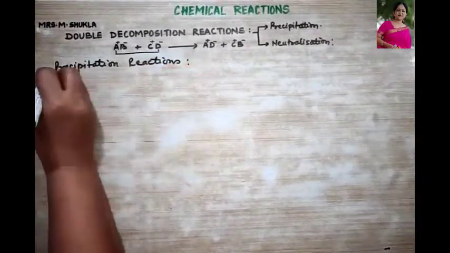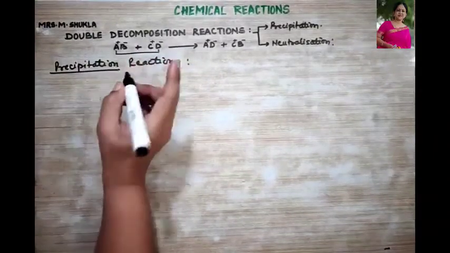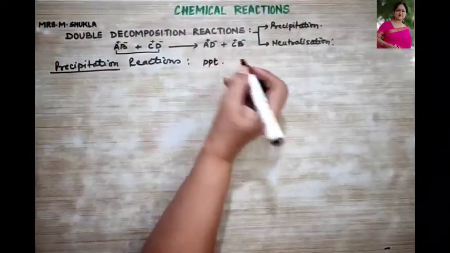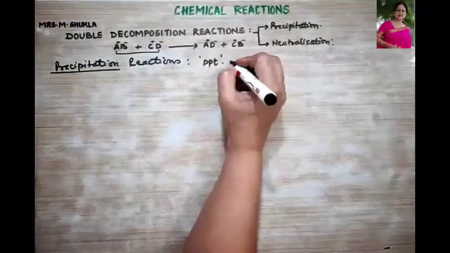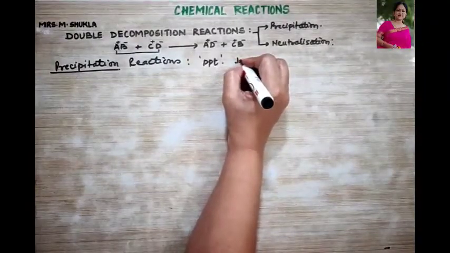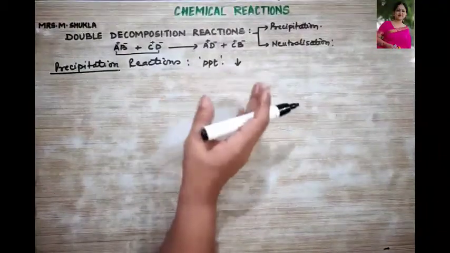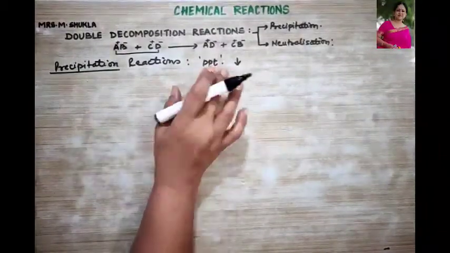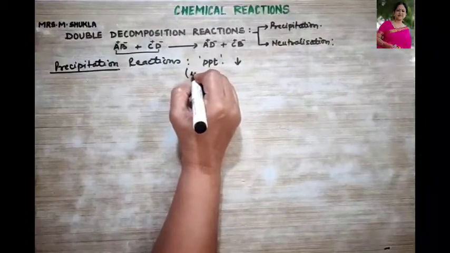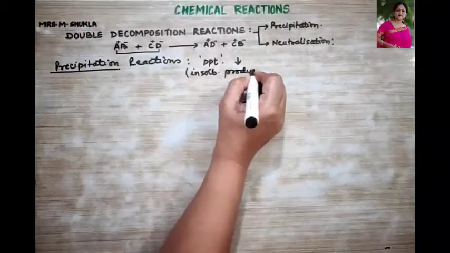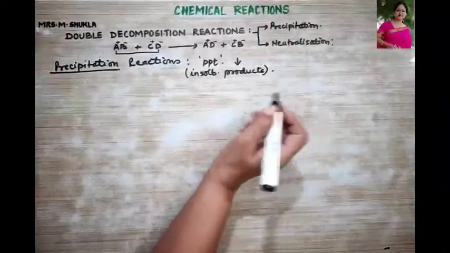Now, what are precipitates? These are insoluble products, also written as PPT, and they are denoted by a downward arrow. They could be colored, they could be colorless, but they are insoluble products. So let us look at some of the reactions.